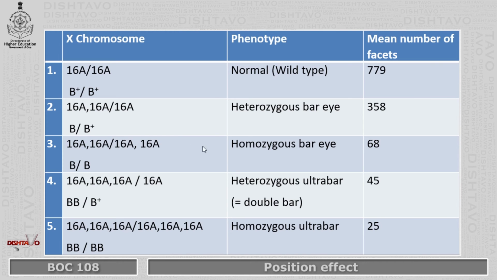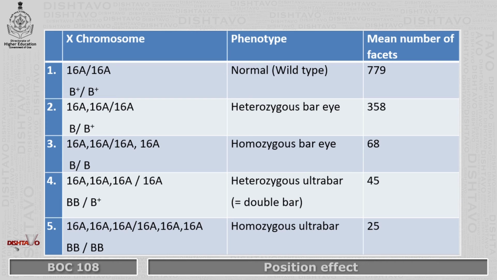Four 16A regions produced homozygous bar eye with 68 facets. And in the case of heterozygous ultra bar also, there were four 16A regions, but the number of facets produced was 45, and the eye was much thinner or much finer.